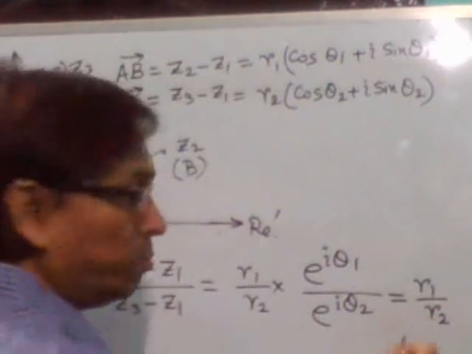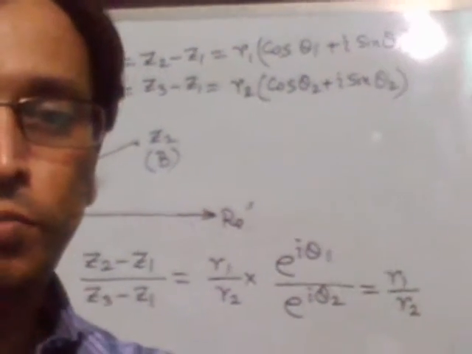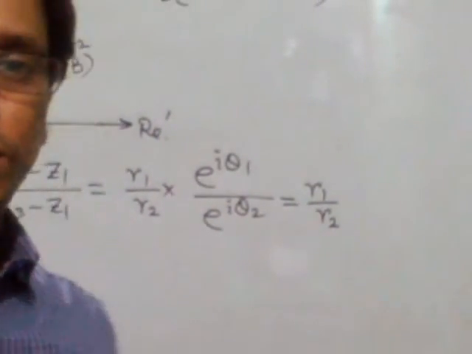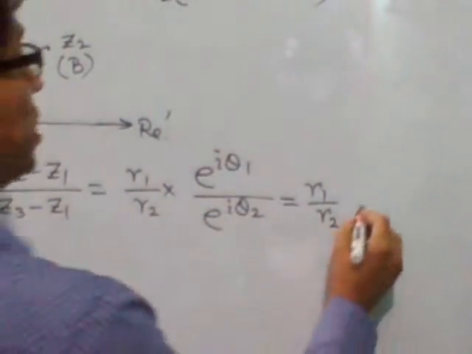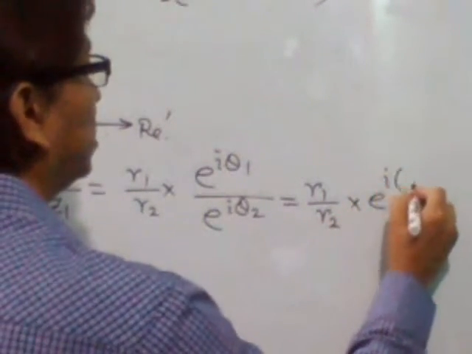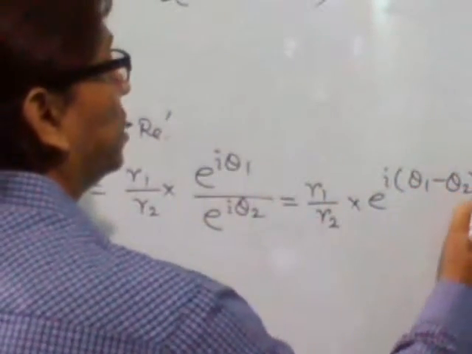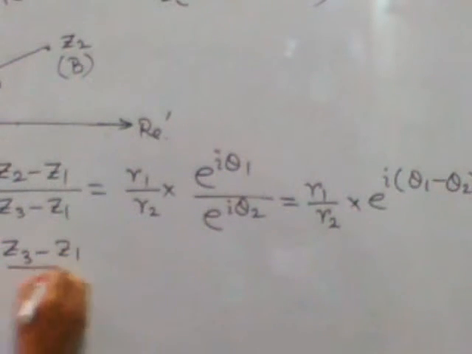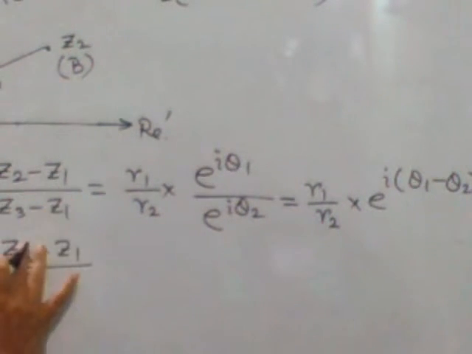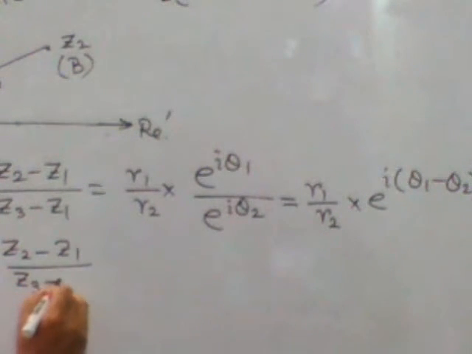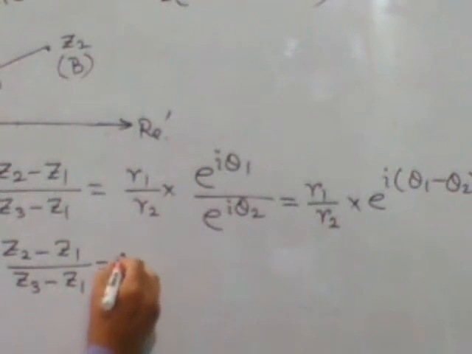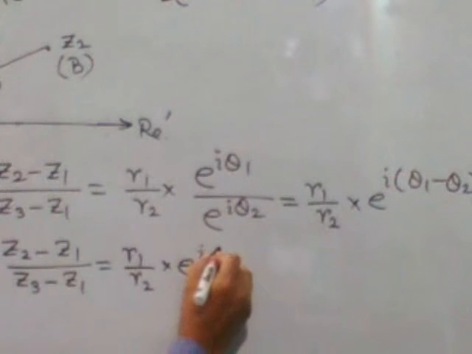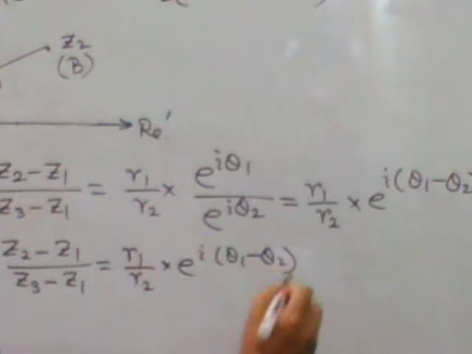Can you see this? Okay, now I think you can see this. So this can be written as R1 by R2 into e to the power I theta 1 minus theta 2. So Z2 minus Z1 by Z3 minus Z1 is equal to R1 by R2 into e to the power I theta 1 minus theta 2.